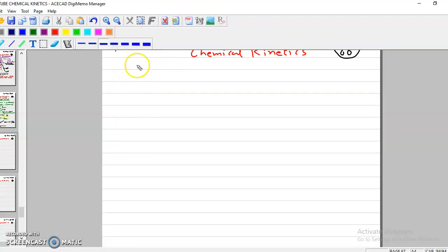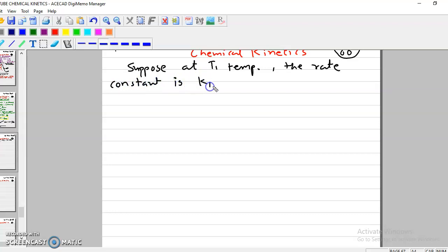Suppose at T1 temperature the rate constant is K1, and at T2 temperature the rate constant is K2.